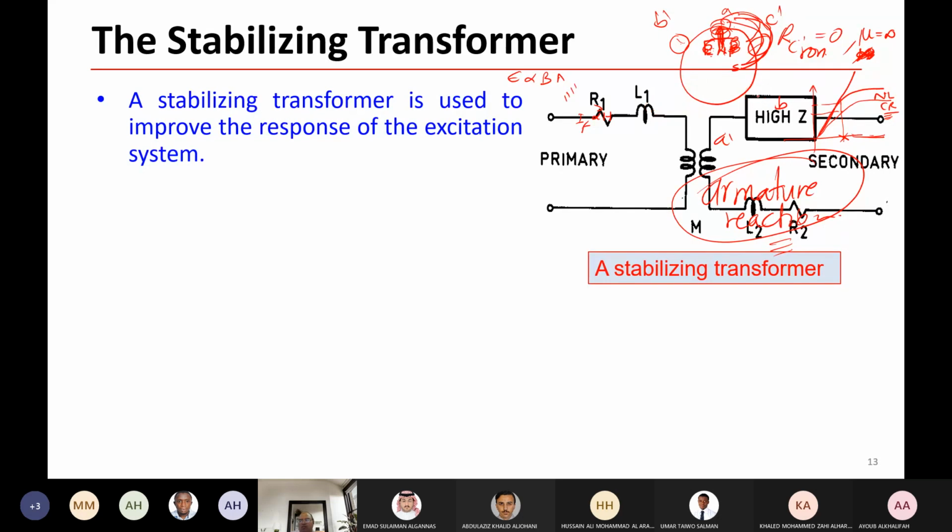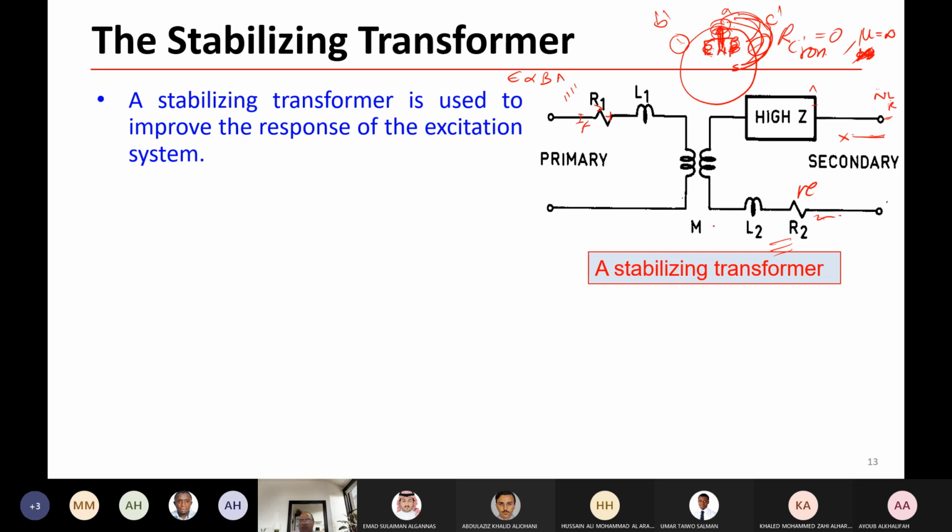Okay, so this is the circuit of the stabilizing transformer. You have it here like a transformer that you can see. You have primary and secondary, and you have very high impedance in the secondary, so the current here is almost 0 in the secondary circuit.